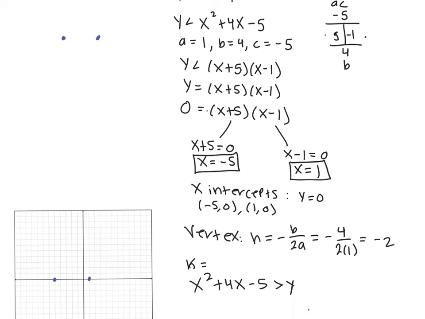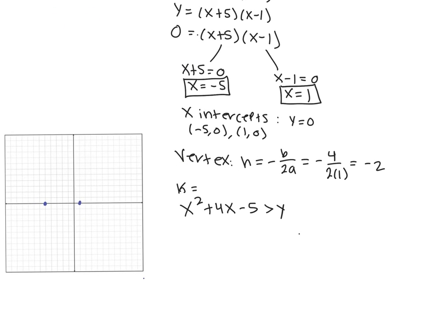I just flipped my sign. And wherever I see an x, I'm going to replace that with my vertex h value, which is negative 2. So I'm going to have negative 2 squared plus 4 times negative 2 minus 5 is greater than y.